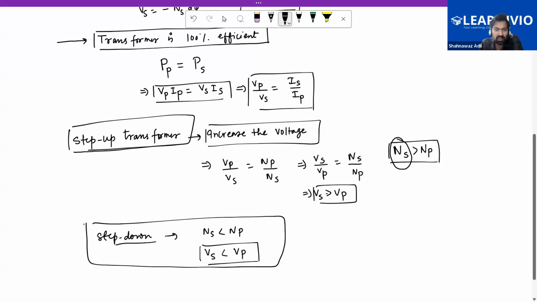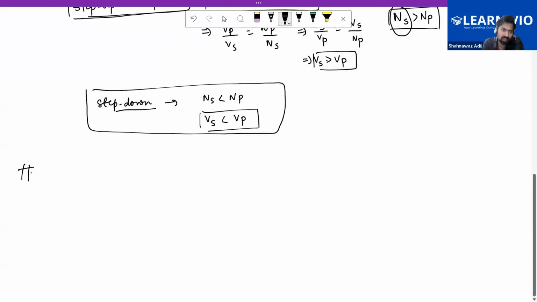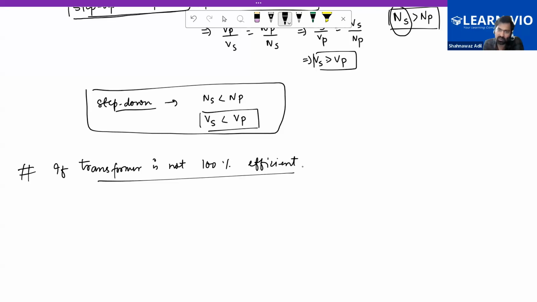But if the transformer is not 100% efficient, then you have the efficiency of the transformer.